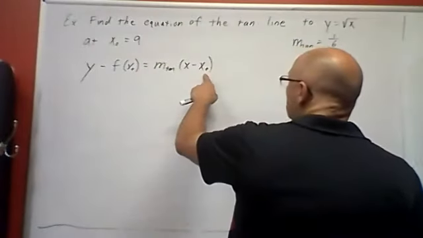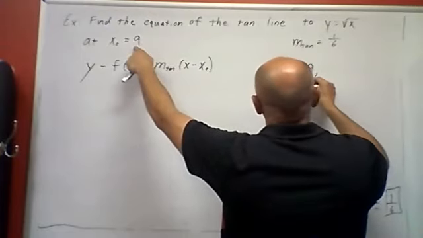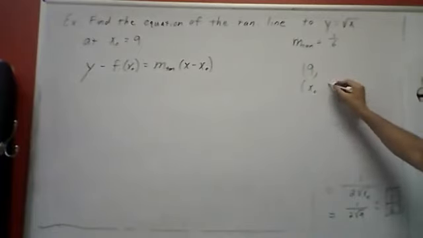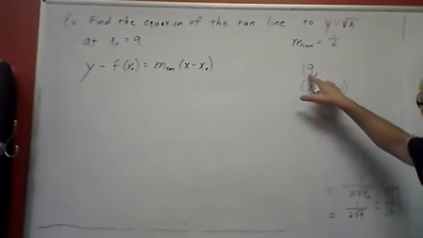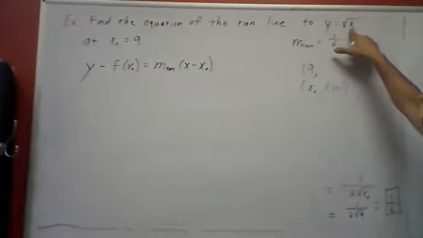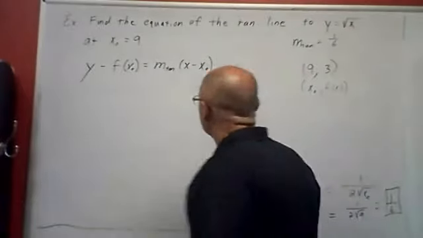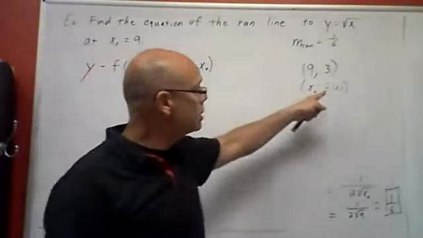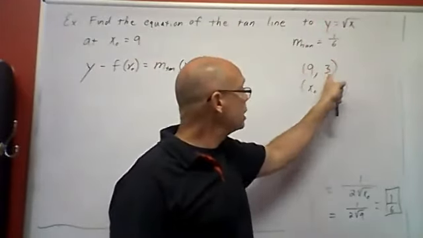Now I need my x naught, which I really have, is 9. So what's my f of x naught value? Wouldn't that just be my function evaluated at 9? The square root of 9 is 3. So if they give you the x naught value, the way you find your f of x naught value is you sub that x naught value into your function and calculate.